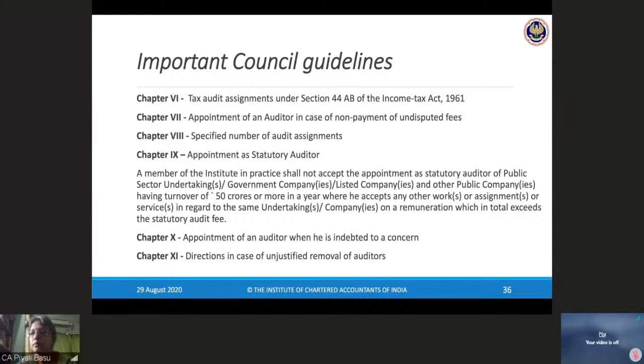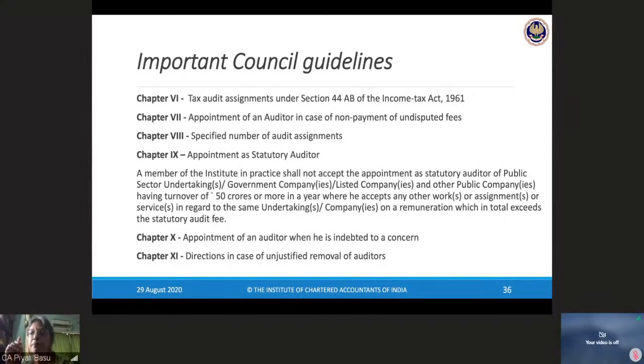Okay. If a practicing chartered accountant is a part-time practicing partner of another firm, together it will be taken as that 60. Thirty he is doing here, 30 he is doing there. So 60. It's not 60 here and 60 there, not 120. So combined 60. Alright?